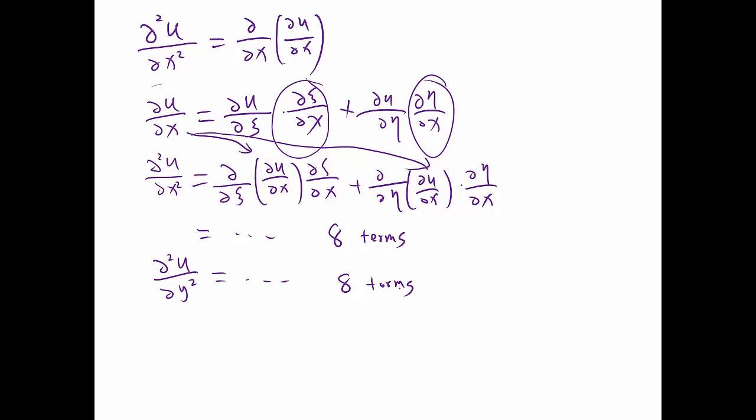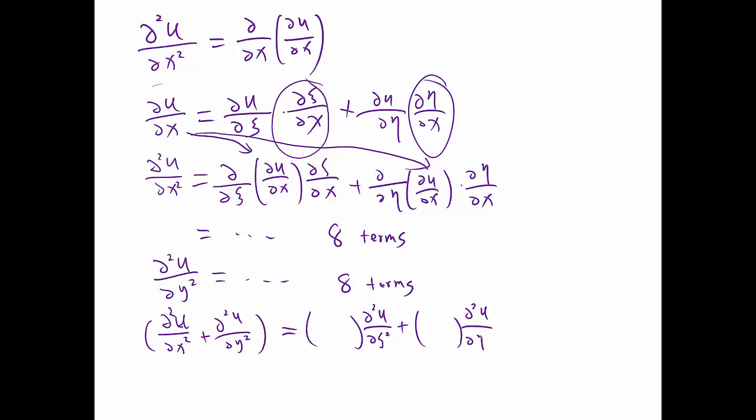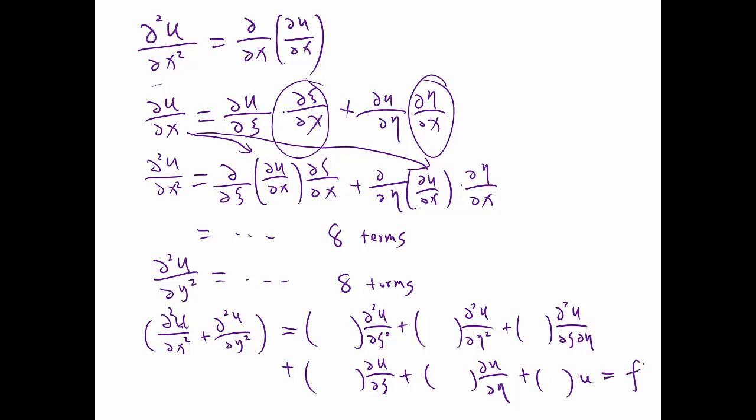And so basically, Poisson's equation, instead of as a function of the derivatives in x and y, is going to be expanded into something times the derivative with respect to xi, something with respect to the derivative of eta, something that has derivative in both xi and eta, something times the derivative just in xi, something times just the derivative in eta, and perhaps something just times the solution u, is equal to f.